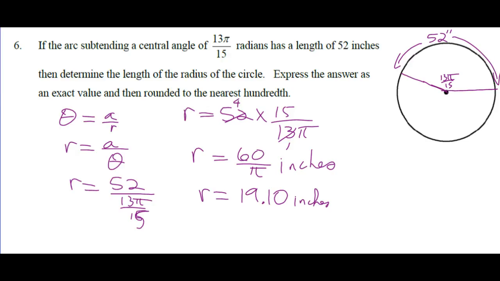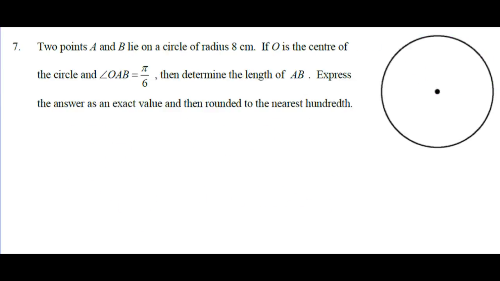Comments? Concerns? Two points, A and B, lie on a circle of radius 8 centimeters. If O is the center of the circle and angle OAB is pi over 6. Okay, so pi over 6 is not too huge of an angle. So this is A, and this is B, and this is O, and this angle is pi over 6. And what else do we know? This is 8, and this is 8.